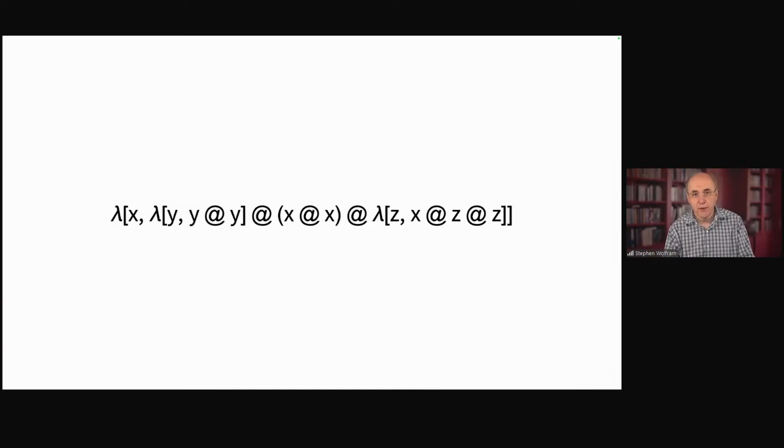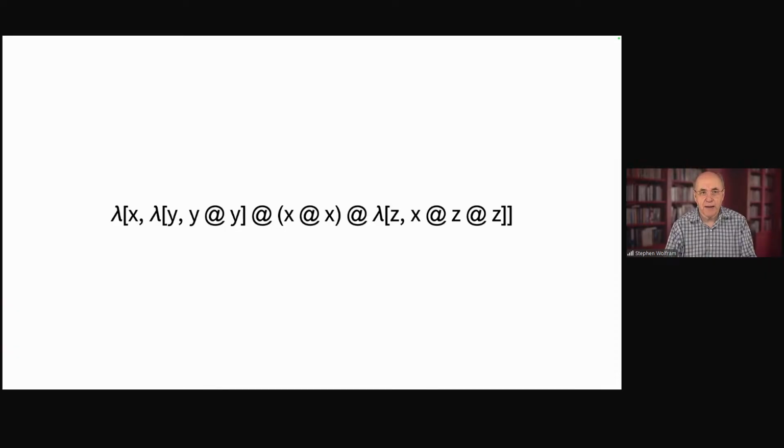So what can we do about these? One thing we might try is to use an application operator. In Wolfram language, that's a center dot that stands for function application instead of an at sign, where that dot is defined to associate to the left, so that f dot g dot x is f of g all applied to x instead of f of g of x.